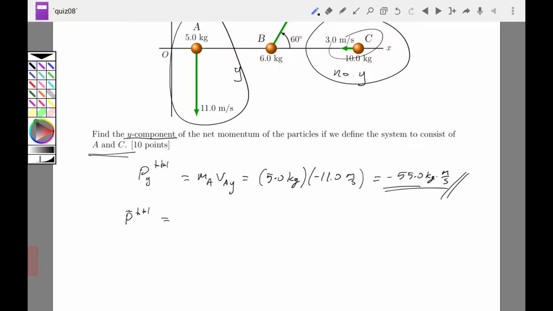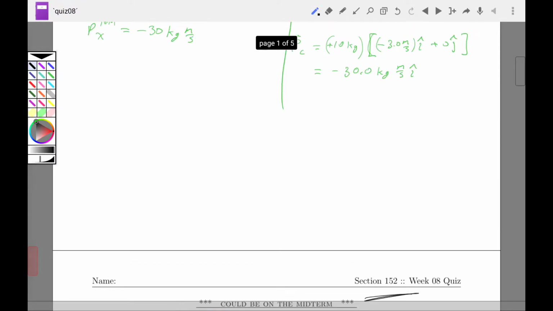It'll be the same thing: negative 30 kilograms meters per second, I hat, plus negative 55.0 kilograms meters per second, J hat. Alright, so that's the answer for the y component. That would have been the answer for the x component, like it was up here.